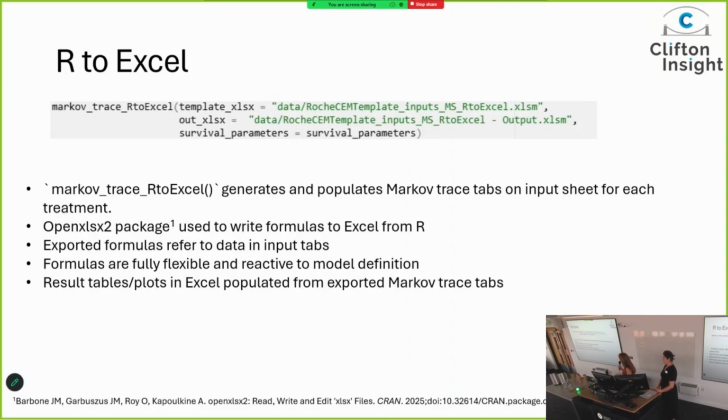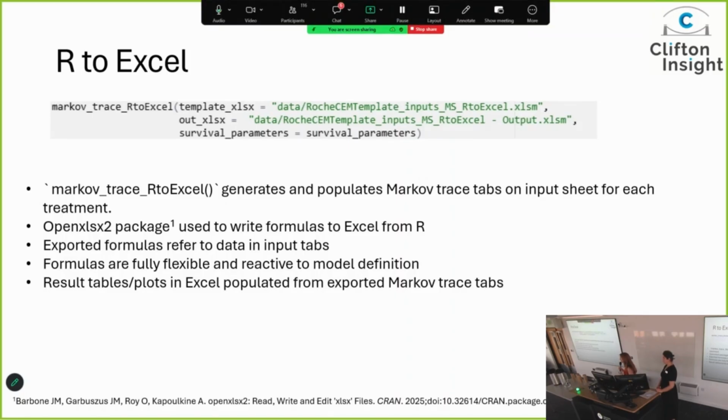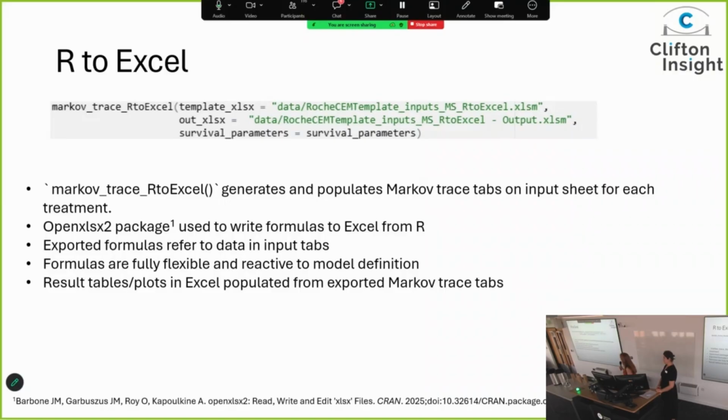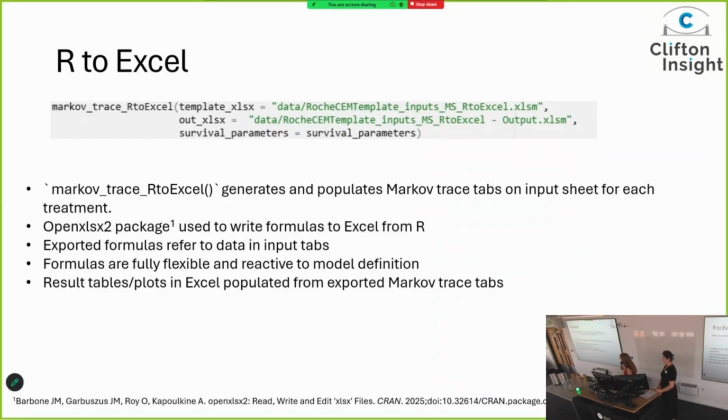The formulas are fully flexible and reactive to the model definition, so they have to work no matter the number of health states or treatments. And once the Markov trace tabs are filled in Excel, the results tables and plots in Excel are also automatically populated.